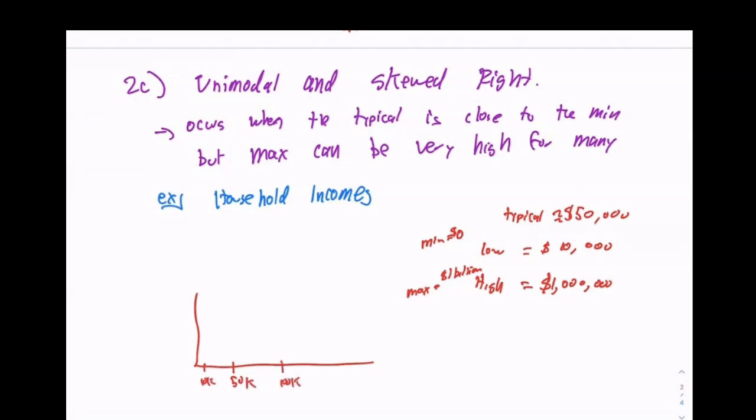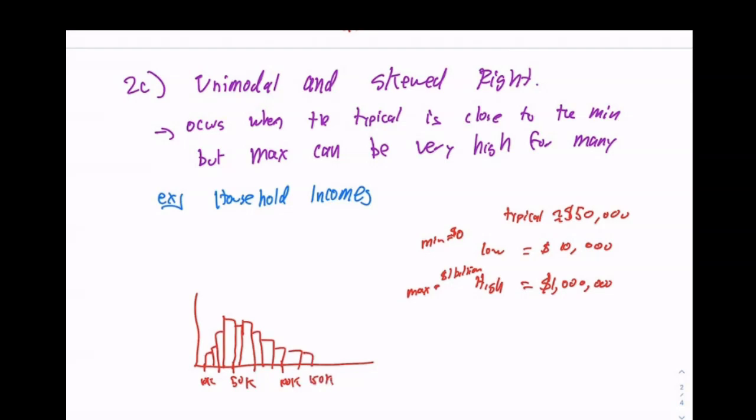Most of mine are going to be right around 50,000, and it'll get a little bit smaller as we go to 110,000, and smaller again as we go to 150,000.